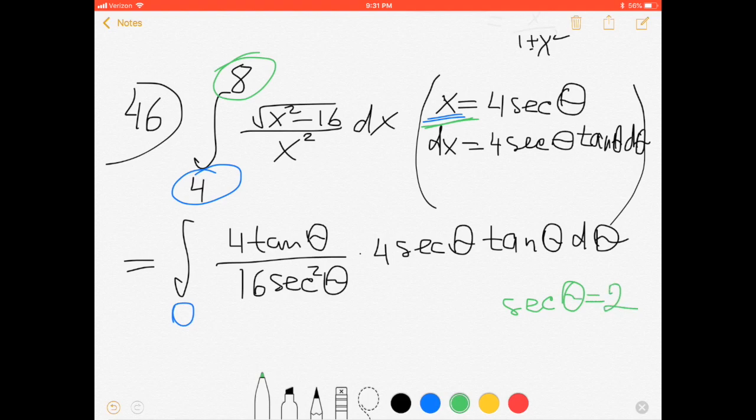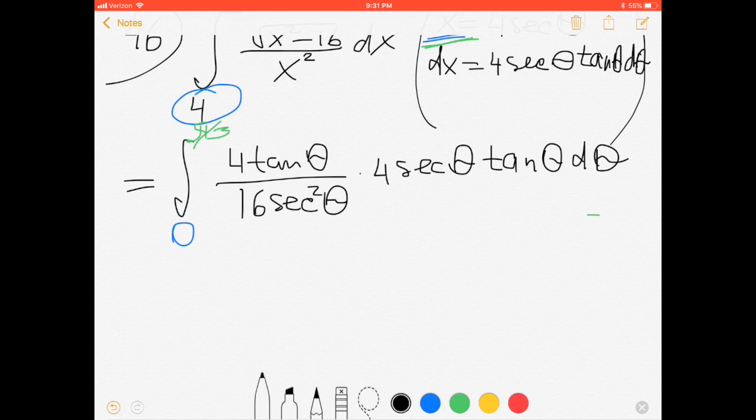Where is secant theta equal to 2? It happens if theta is pi over 3. This is pi over 3. I especially show you with color which border moves to which numbers. Now I have a definite integral and new borders. What does that mean? It means I'm not going back to my old variable when I solve. I'm counting exactly with these new borders. It saves time and is more accurate.